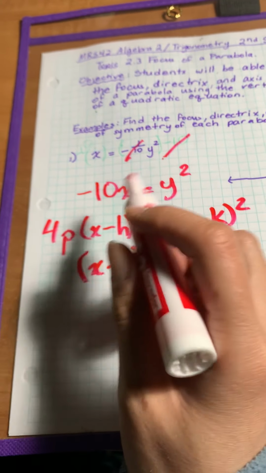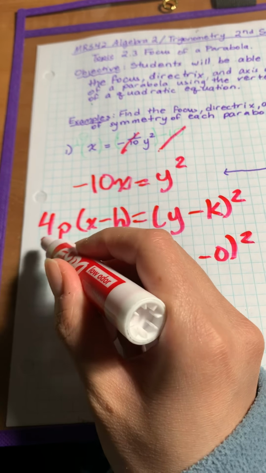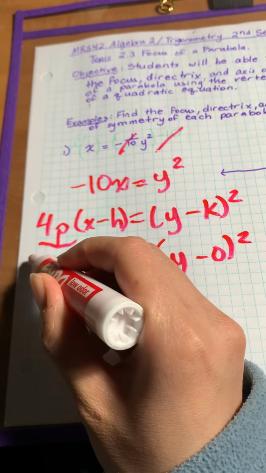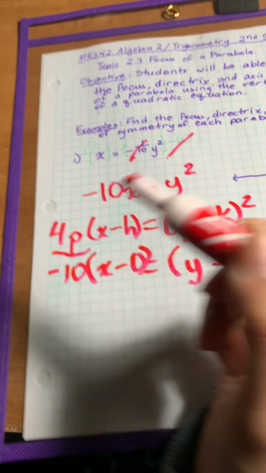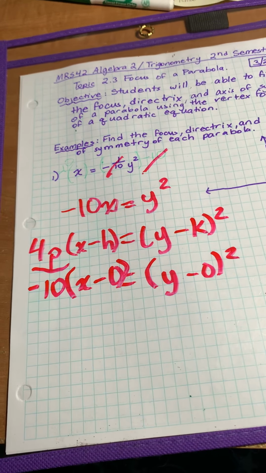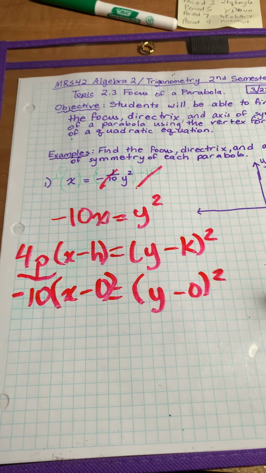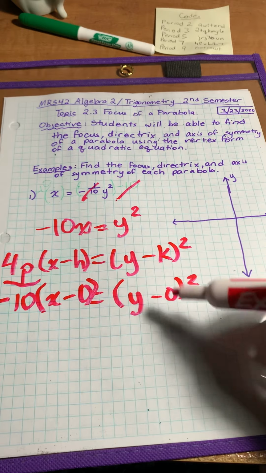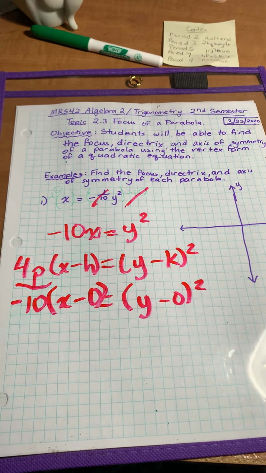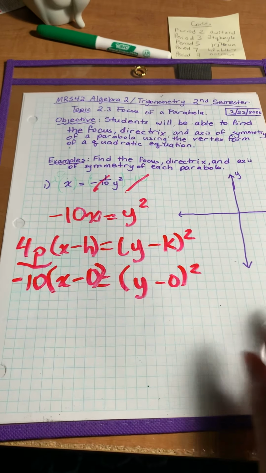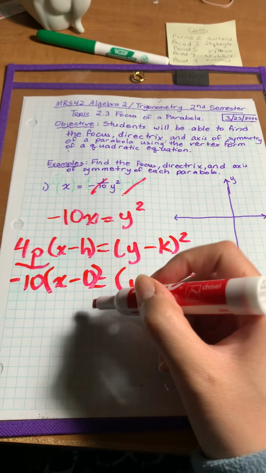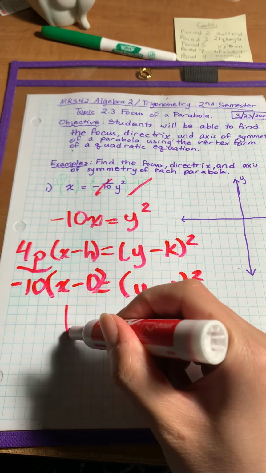And then my 4p, the whole thing, I'm going to replace with negative 10. So I just replaced everything. Now, from just doing this, I found one important thing: I found my vertex.